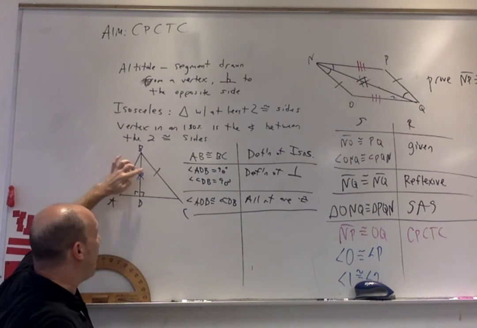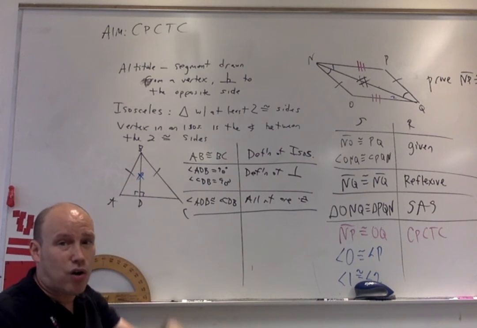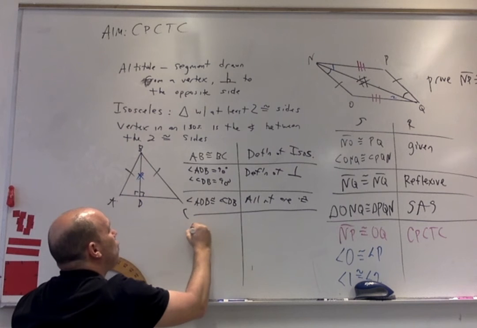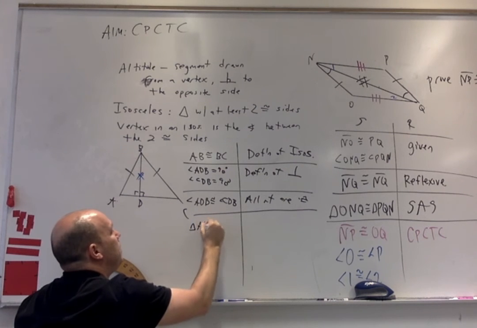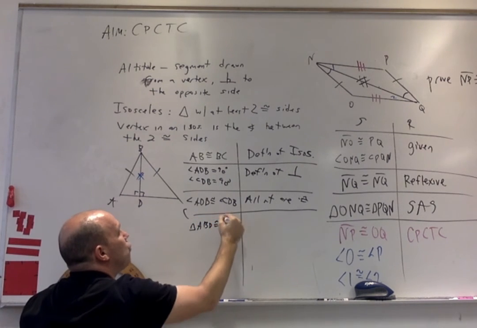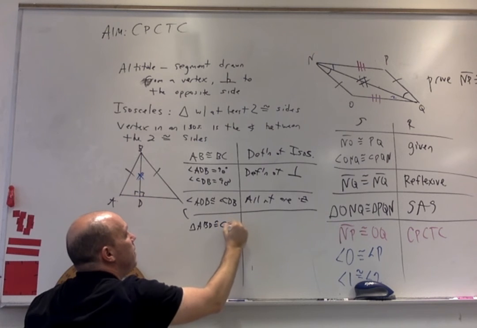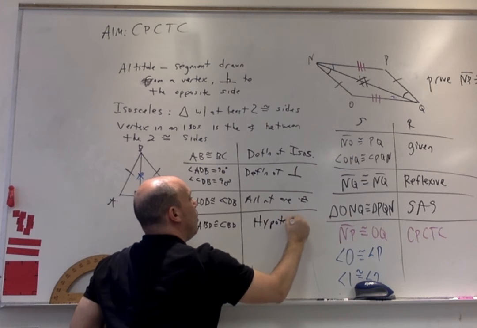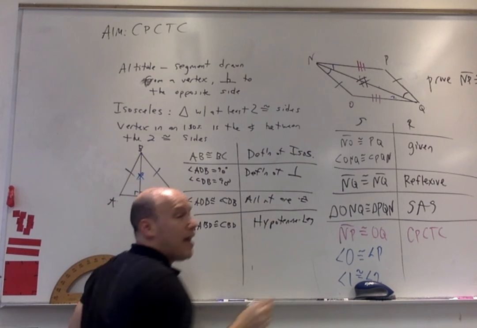That means if the 2 sides are congruent, the third side is congruent. So we would say that triangle ABD is congruent to triangle CBD because of hypotenuse, leg.